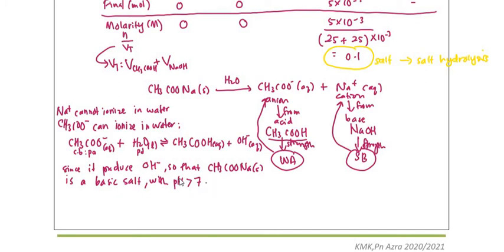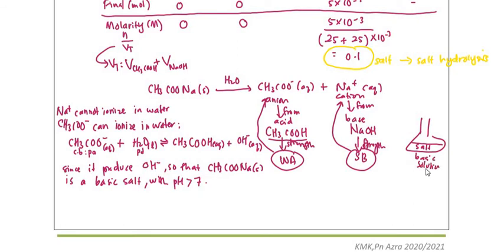So that means at equivalent point, only the salt remains in the conical flask. This salt is a basic salt. This basic salt is dissolved in water to produce a basic solution.